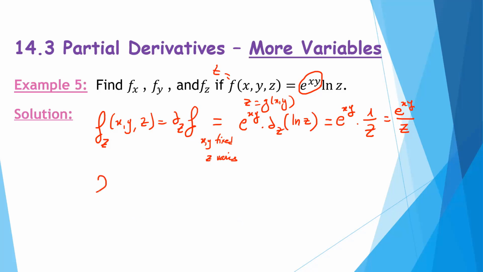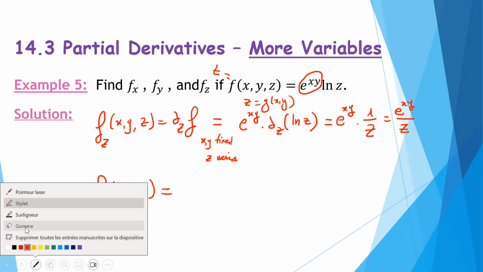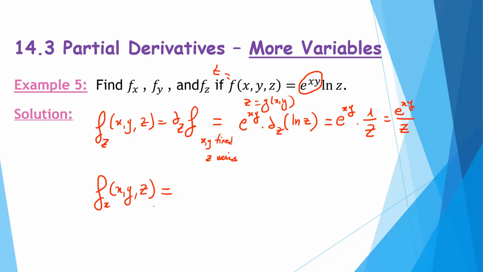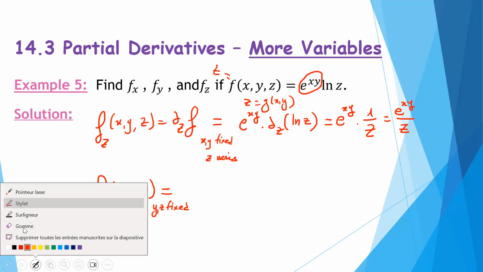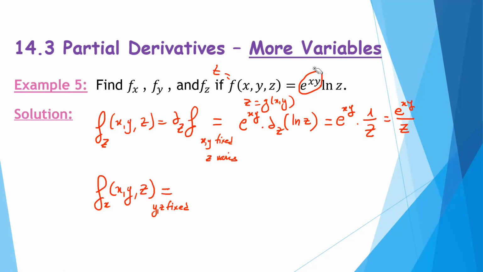Now what is fx? So y and z will be fixed. Here, in this product, ln of z is constant.